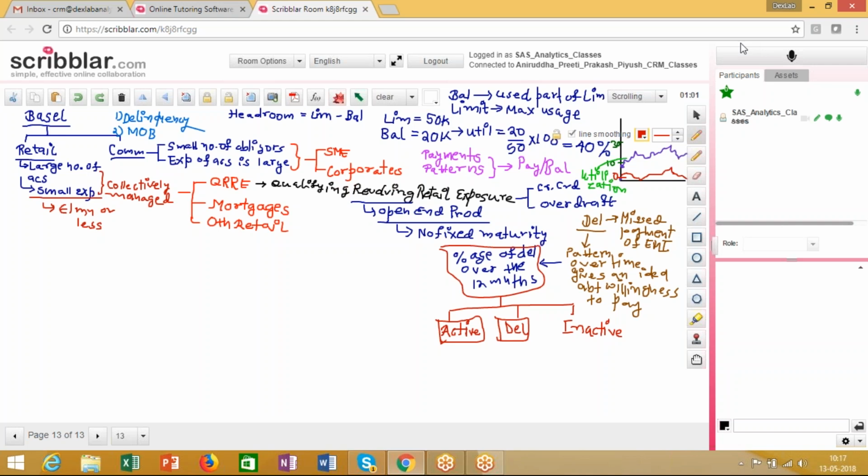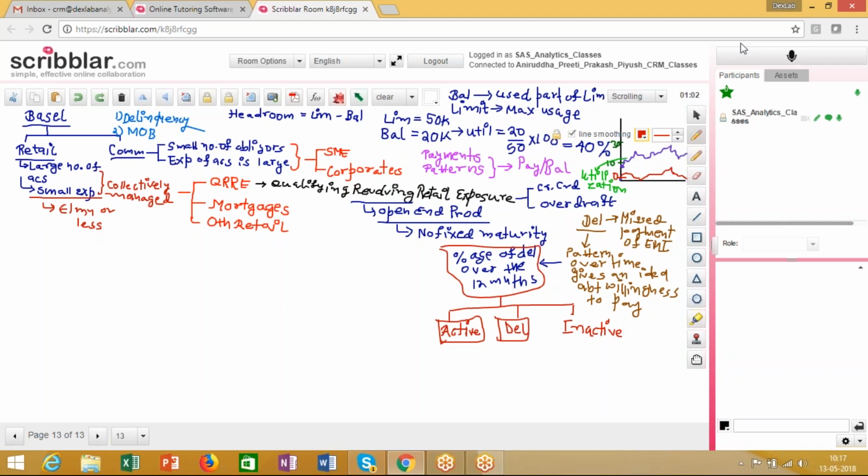Say, for example, one of the very important ones: I can check how many months consecutively has a guy been in delinquency, or for how many consecutive cycles has a guy been in delinquency over a point of time.